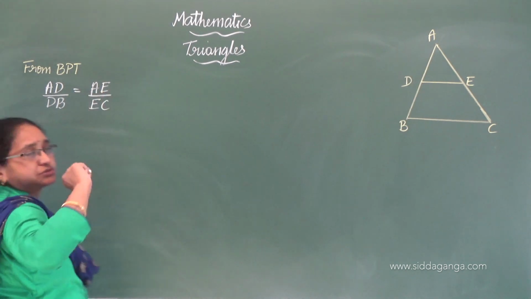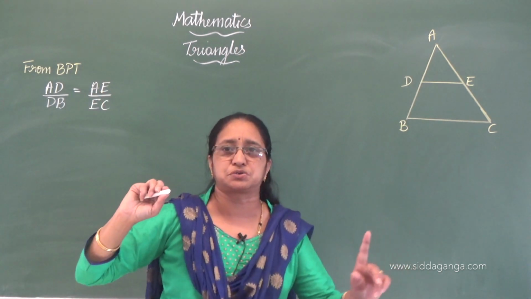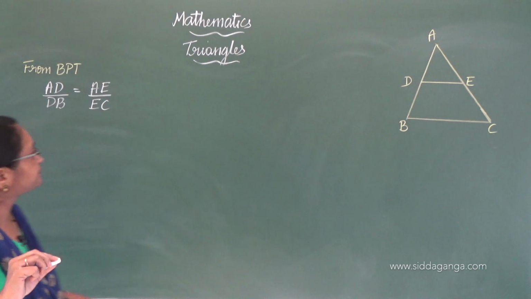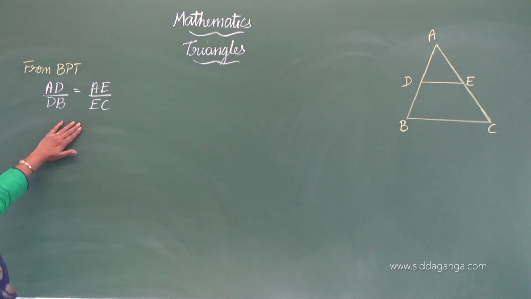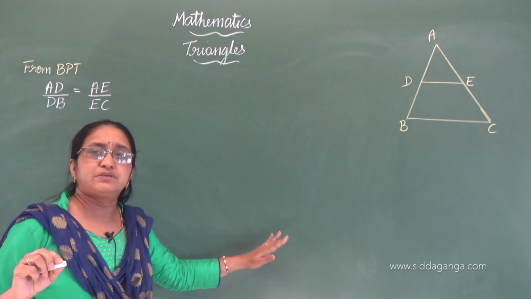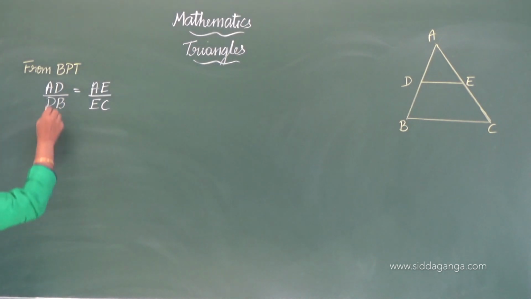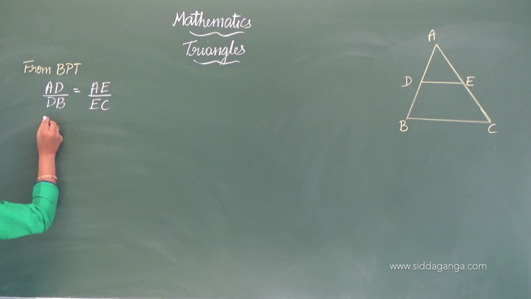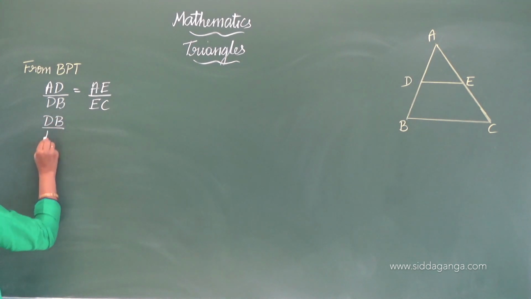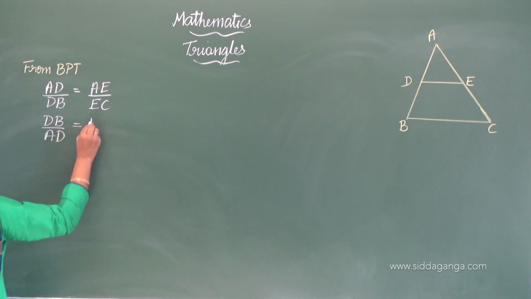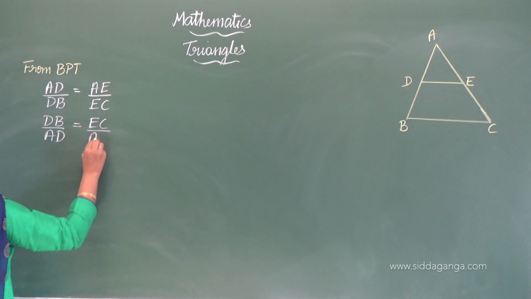I hope you understood. I have shown you this in the previous class. Now using this result, I will derive some more results. Just see, now by taking the reciprocal, this will be DB by AD is equal to EC by AE.